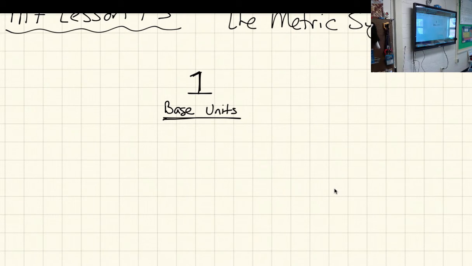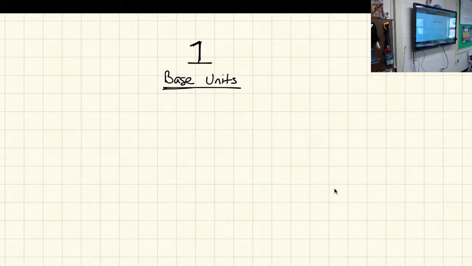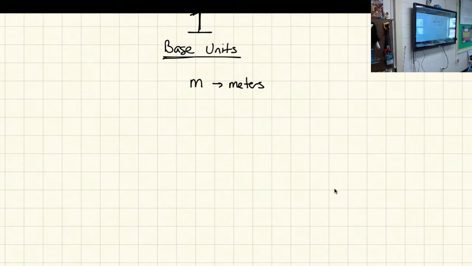Okay. Now, some base units would be meters in the metric system. M stands for meters. Okay, so I'm just going to put a little arrow, meters. Okay. Other base units might be liters, so capital L. And we're familiar with this idea of liters because we drink 1 liter bottles of pop or 2 liter bottles of pop or 2 liters of water, etc. So liters.